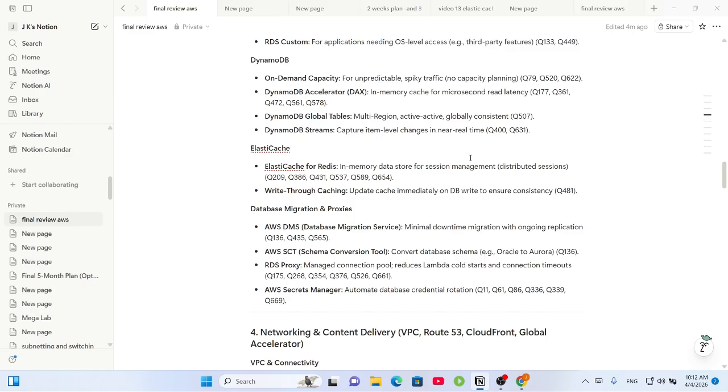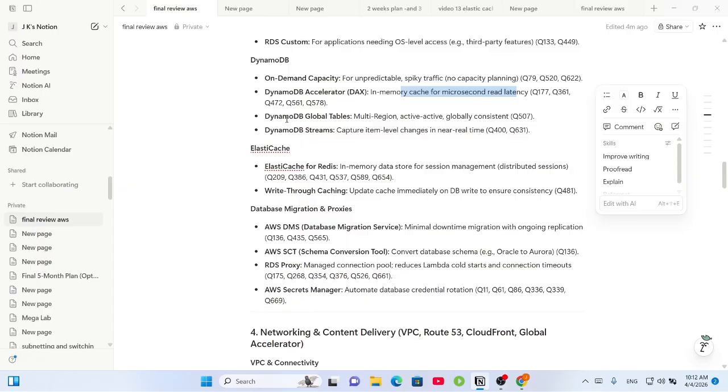DynamoDB, it's on-demand capacity for unpredictable spiky traffic, no capacity planning. We use on-demand capacity. DynamoDB Accelerator or DAX. It's an in-memory cache for microsecond read latency.